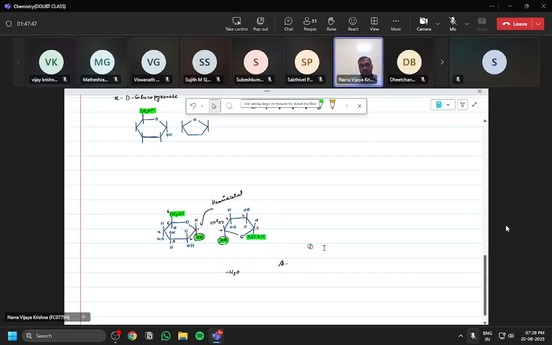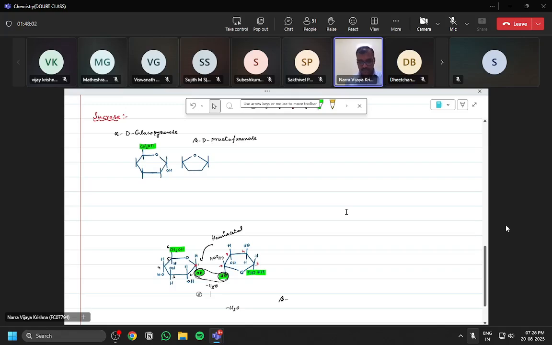Is it beta form or not? Now, is it possible to remove water from these two? Is it clear? Any questions?